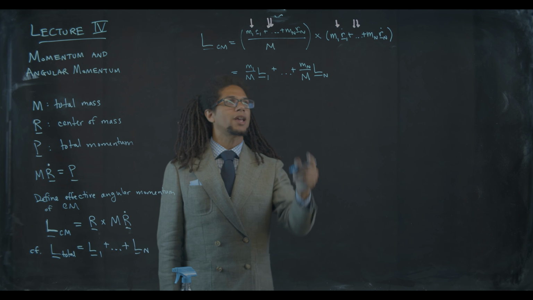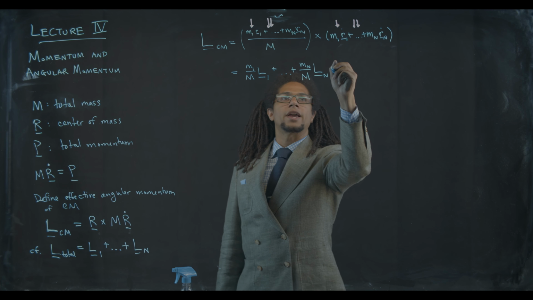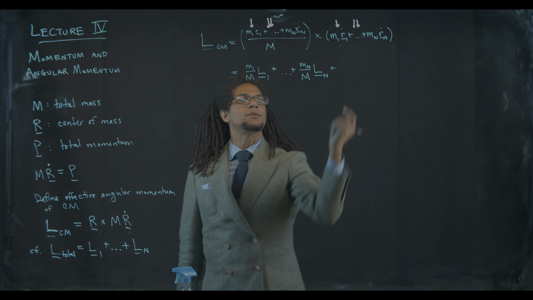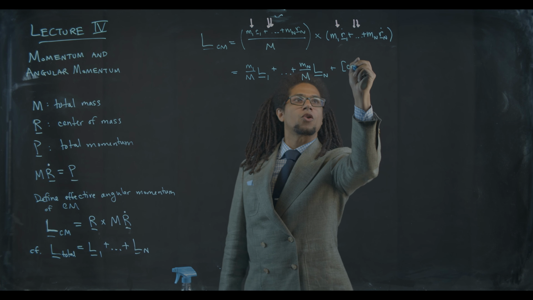But then I also get tons of other terms. For instance, I get m1 r1 cross m2 r2 dot. So I'm just going to say plus cross terms.